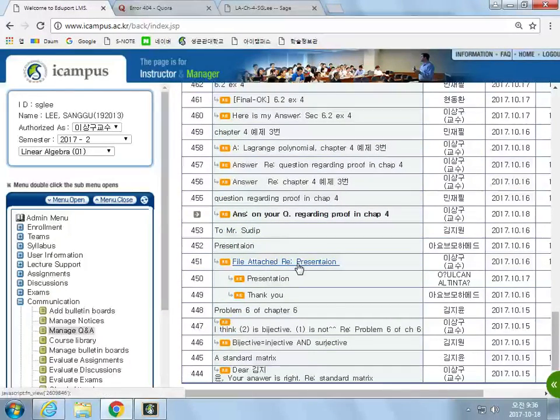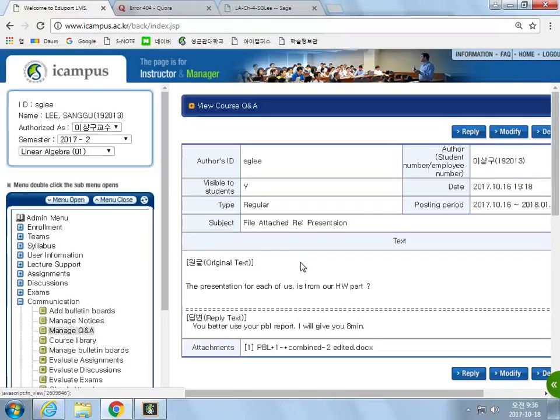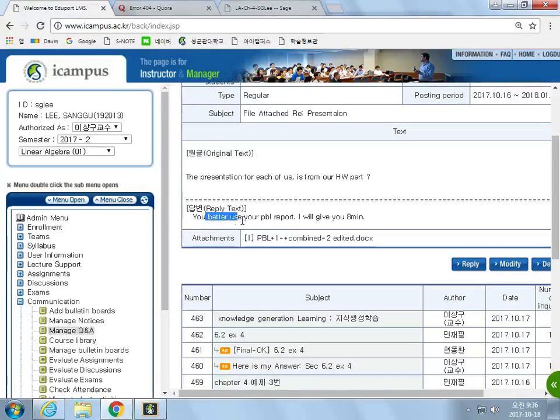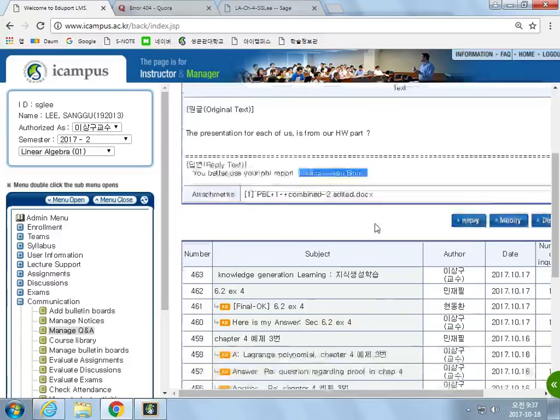On the presentation, you asked, you better submit your PBL report, so you can explain yours. Actually, I added all together, so I will briefly show what I have graded, but you can explain with yours.